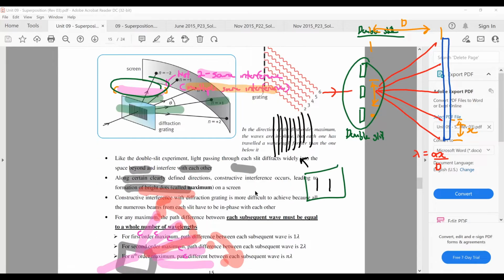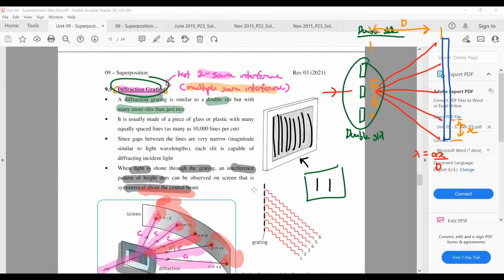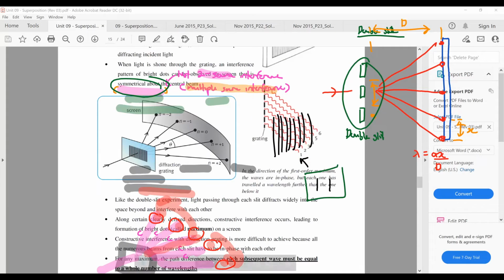Needless to say, these bright dots that you have here are due to constructive interference, much like the case for double slits. But the way they are formed is slightly different. I mean, it's similar, but with some slight variation.